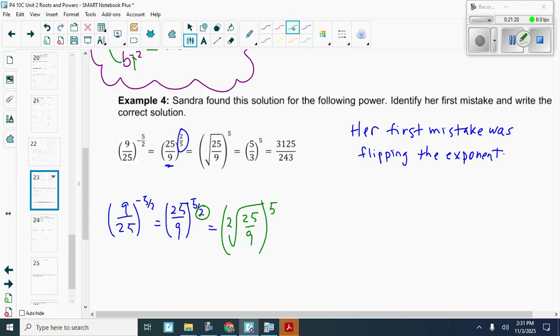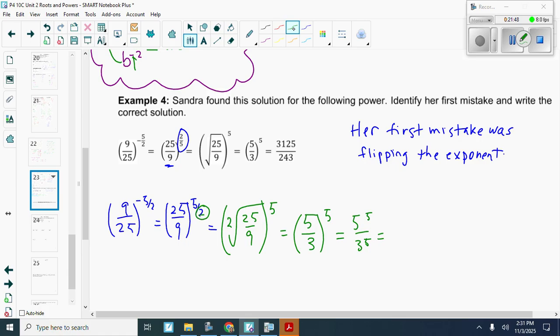That part's right. Then she took the square root: the square root of 25 is 5, and the square root of 9 is 3. So we simplified inside the brackets first, and now we get to do 5 to the power 5 and 3 to the power 5. Everybody needs their calculators for that, because I don't think any of us could do that in our heads.